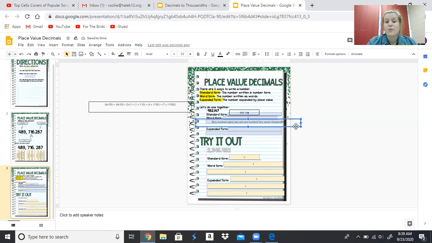And then we have our expanded form, which is how we wrote out with the parentheses and multiplied it times the place value, right? Let's see if we can make this a little bit bigger so we can look at it together.